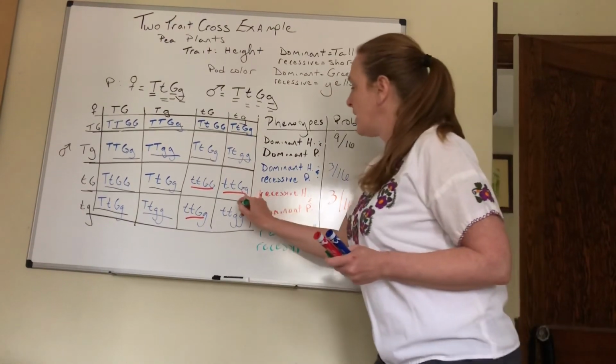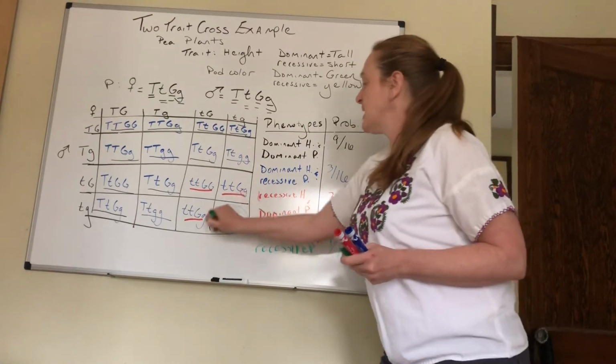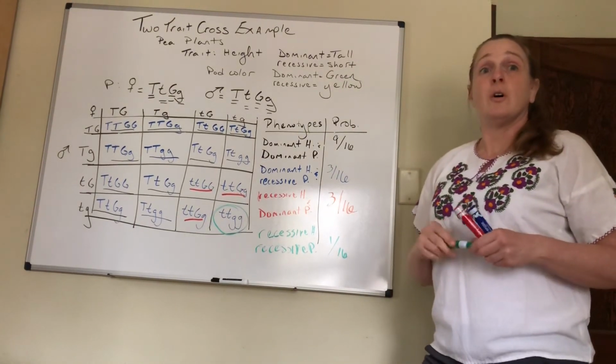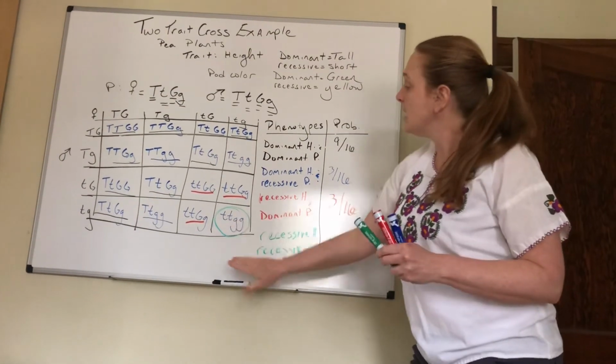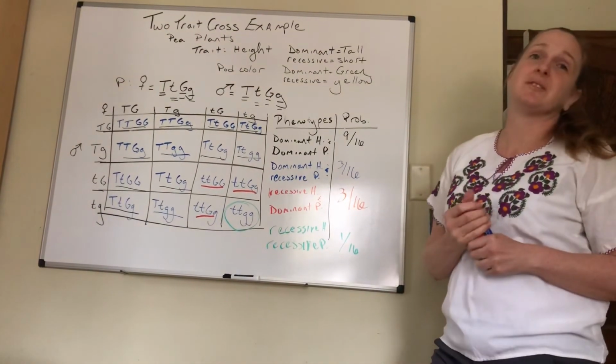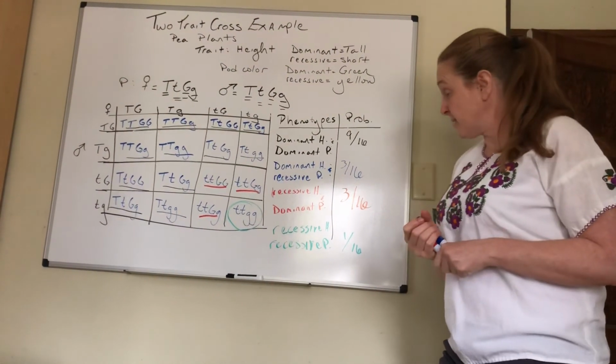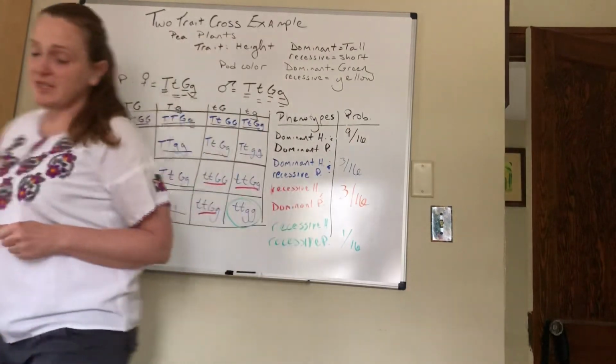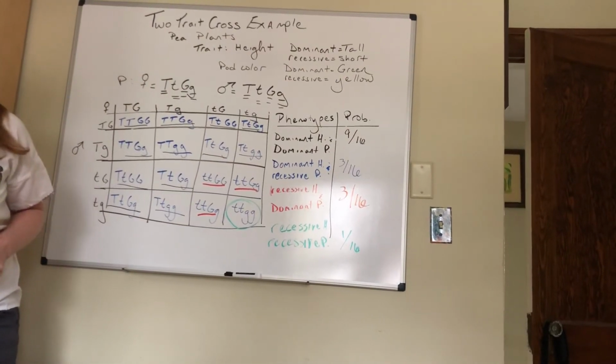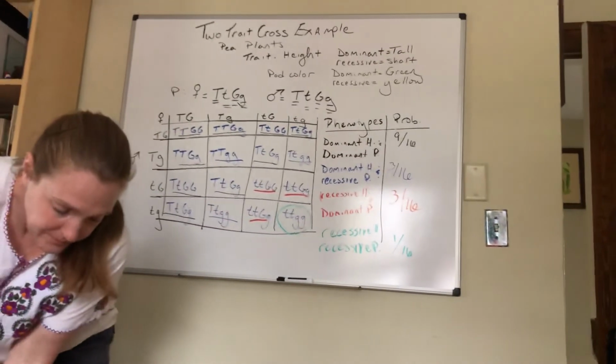In other words, how frequently will I see that double recessive, homozygous recessive for height, and homozygous recessive genotype for pod color? Only 1 out of 16 squares will show double recessive.